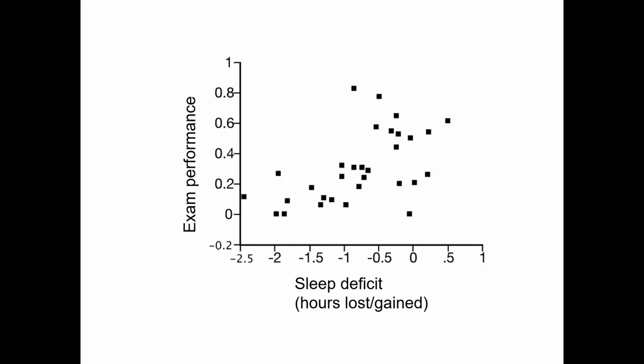The sleep deficit has both negative and positive values, where negative values mean hours lost and positive values mean hours gained. Exam performance is assessed in percentage. Although the dots are pretty scattered in the graph, we can still see an increasing trend here.